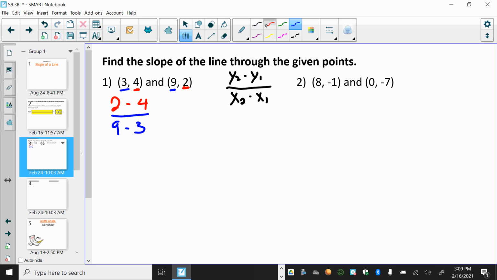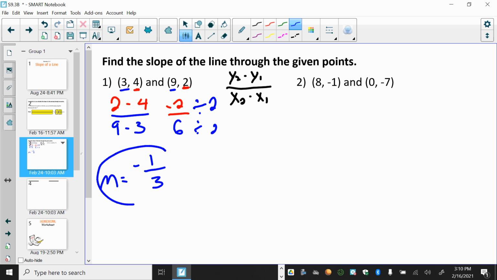Then we subtract. 2 minus 4 makes negative 2. 9 minus 3 makes 6. Just like before, we have to reduce this, so I'm going to divide the top and the bottom by 2, and I'm going to get negative 1/3, so m equals negative 1/3.